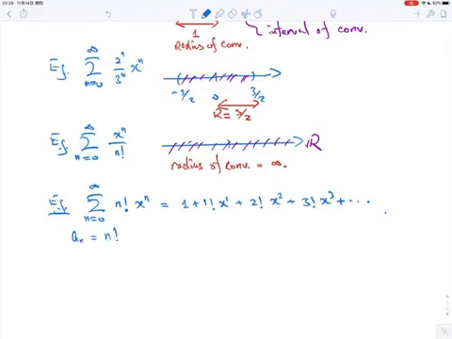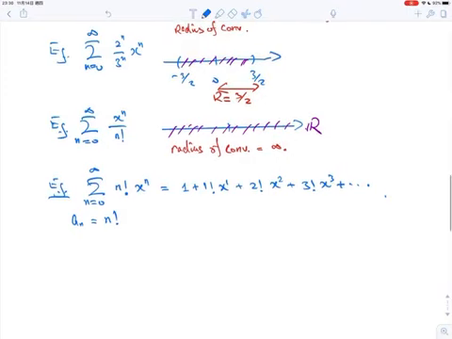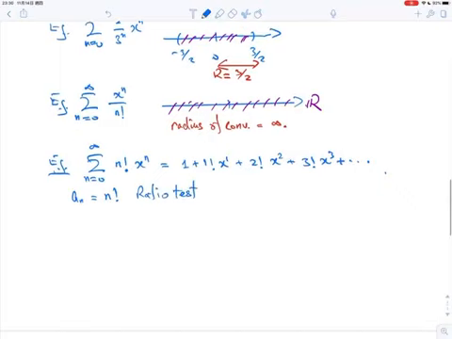So a simple test is the ratio test. So if you double check, which is going to be n plus 1 factorial x to the n plus 1 divided by n factorial x to the power n.